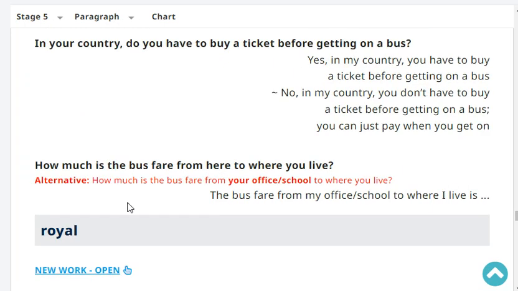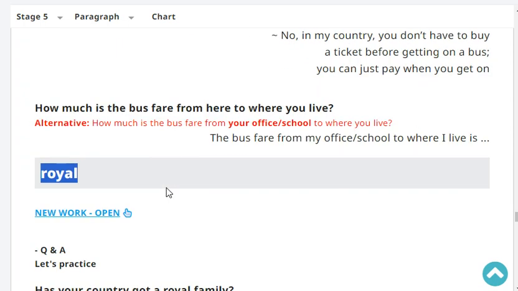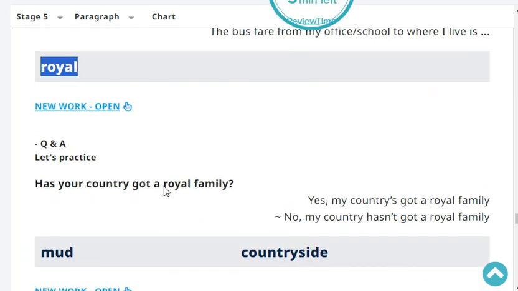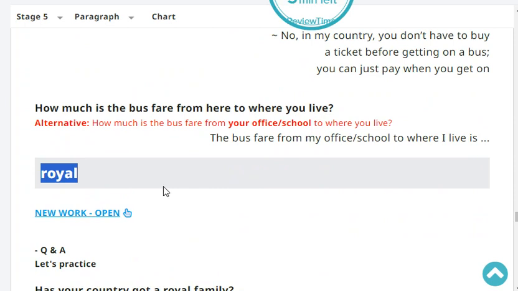Yes, in my country, you have to buy a ticket before getting on a bus. How much is the bus fare from your home to your office? The bus fare from my home to my office is 210 yen. Very good.